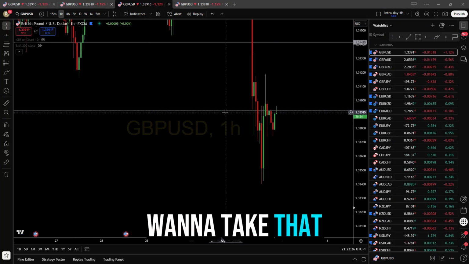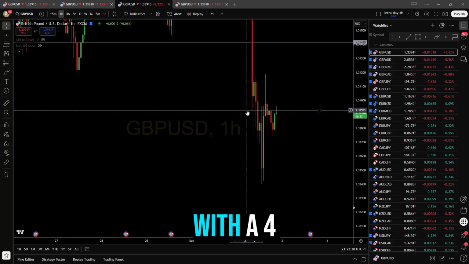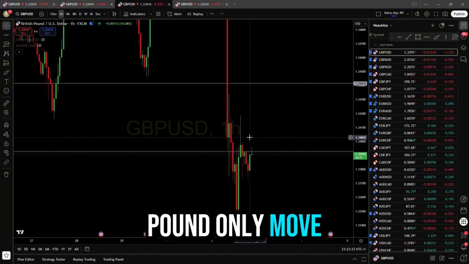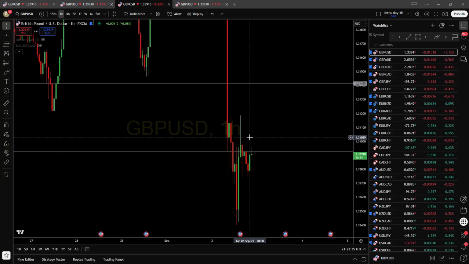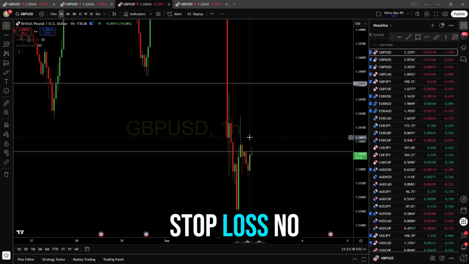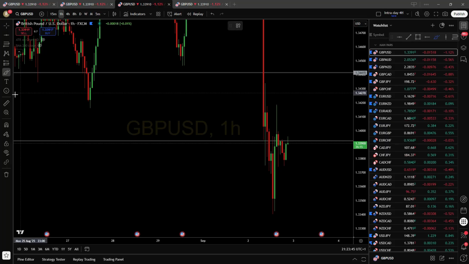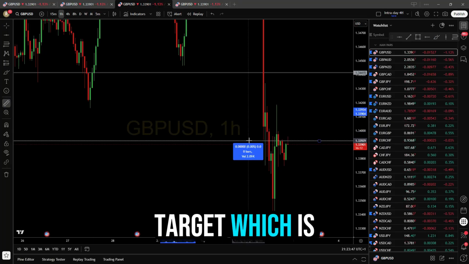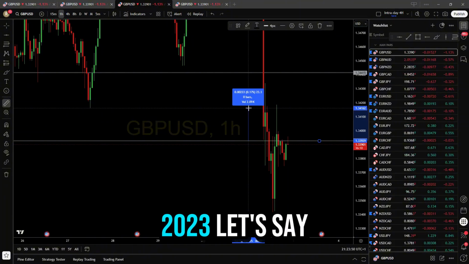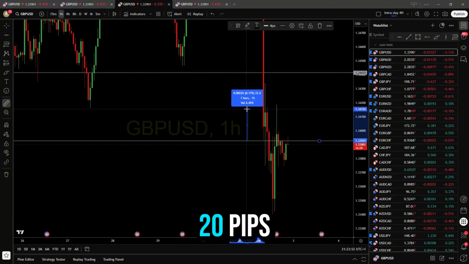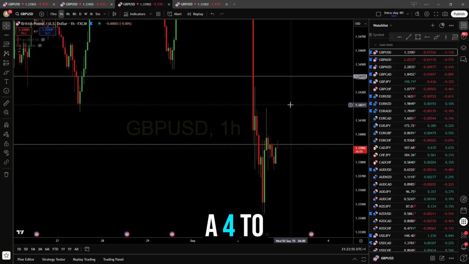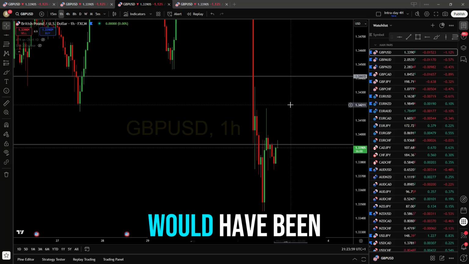So do I want to take that level with a 4 or 5 pip stop loss? If it's a pound only move, yeah, I'd take it with a 5 pip stop loss, no problem. So my risk reward there with a 5 pip stop loss to my target, which is 23, let's say 20 pips, I've got a 4-to-1 risk reward there, so it would have been a nice opportunity.